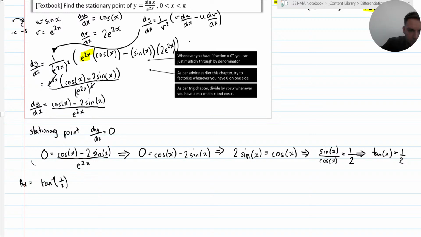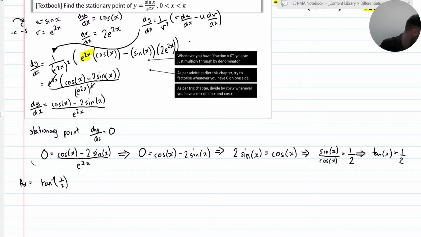So, let's solve this over here. Remember, we're going to have to find our acute angle first. So my acute x is going to be equal to tan to the minus 1 of a positive half.